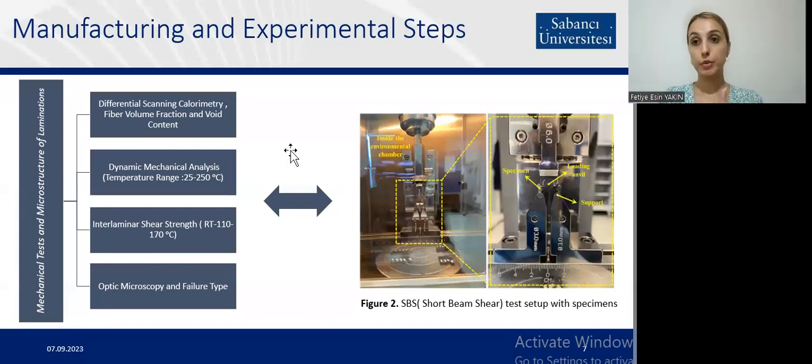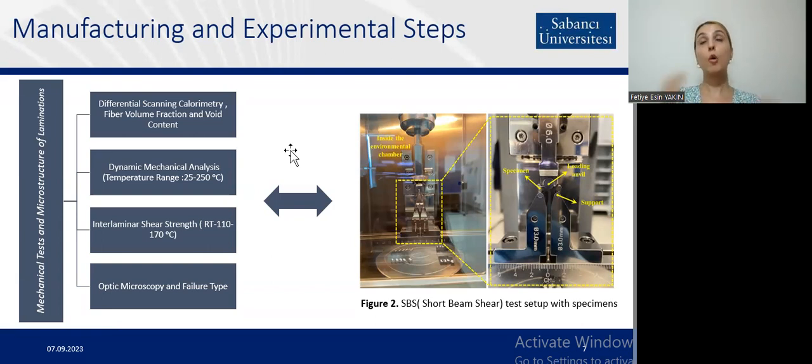The second part is the dynamic mechanical analysis over a temperature range. The third part is the static mechanical analysis, interlaminar shear strength, at room temperature and 110 to 170 degrees. And the last part is the optical microscope and the detection of the failure type.